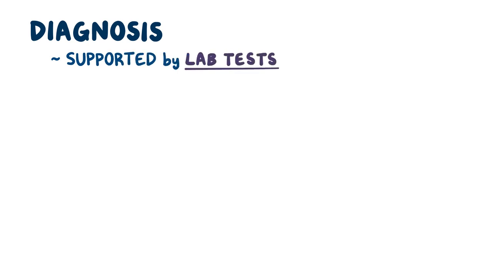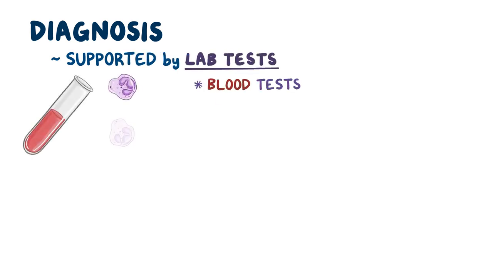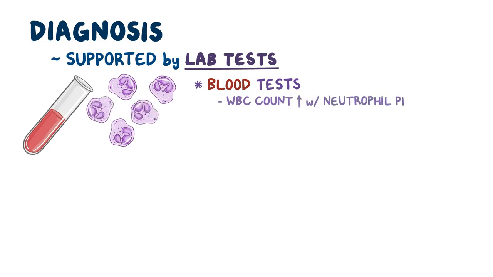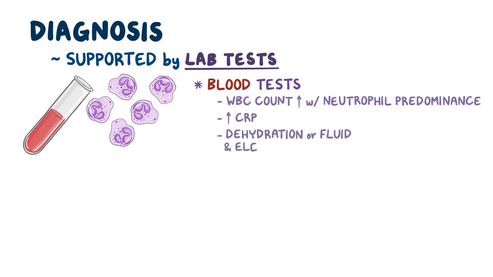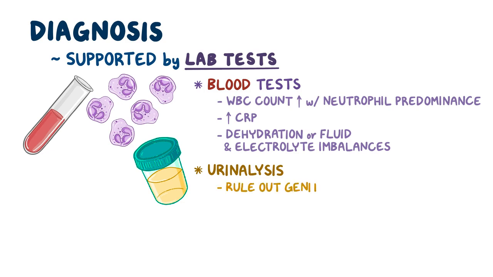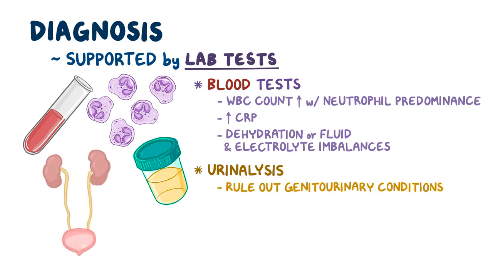Diagnosis of appendicitis can be supported by laboratory tests. Typically, in blood tests, the white blood cell count is elevated with a neutrophil predominant, and there's an elevated CRP. Blood tests might also show dehydration or fluid and electrolyte imbalances. A urinalysis should be done to rule out genitourinary conditions as the cause of abdominal pain.